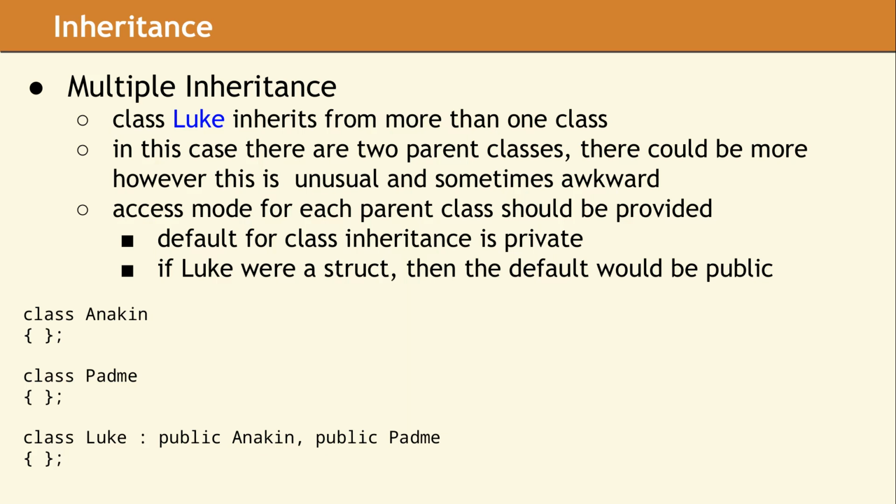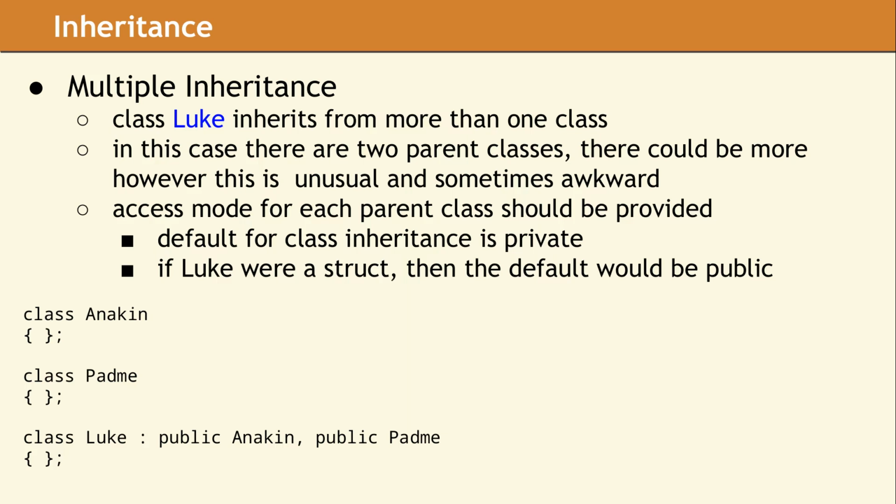Class Luke inherits from two different classes. This means Luke will inherit the members of both Anakin and Padme. This normally works as you would expect, and all the members of each parent class are inherited by the child.